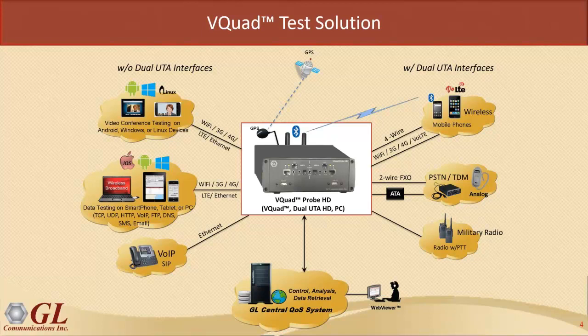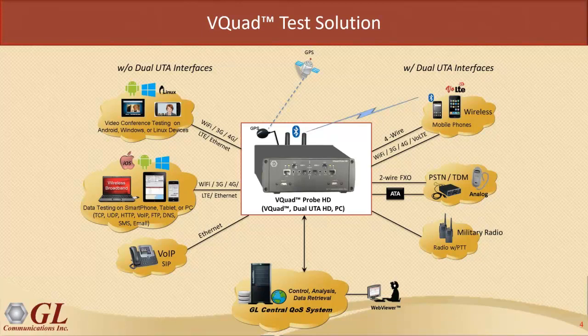This VQuad Probe has many different interfaces on it, as you can see here. Traditionally, we have a two-wire line, so we can act as a true two-wire phone, a POTS phone, an FXO. We can test mobile devices, interfacing via a Bluetooth connection. This product has two Bluetooth connections built into it, so it can interface to your mobile phone at one location via Bluetooth, make phone calls, send voice files, check data rates, bandwidth, things of that nature.